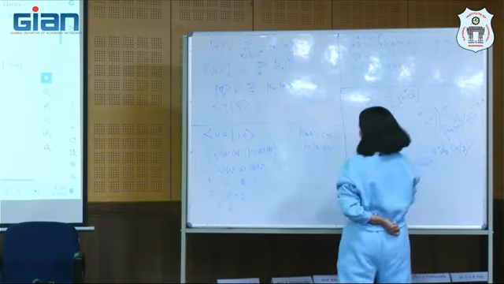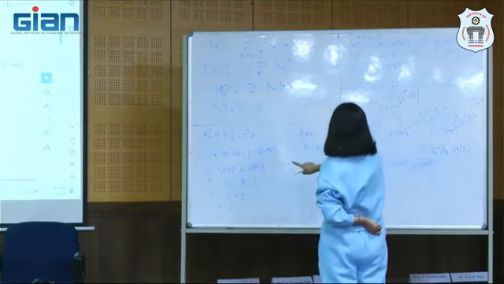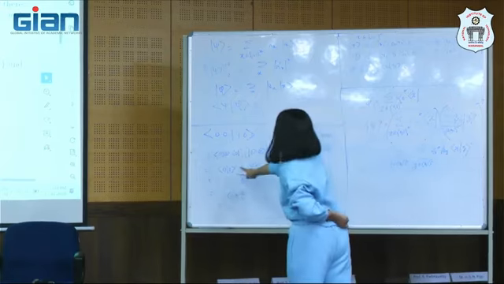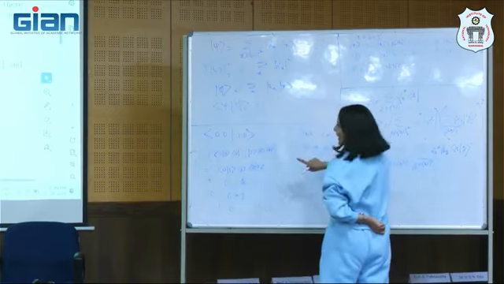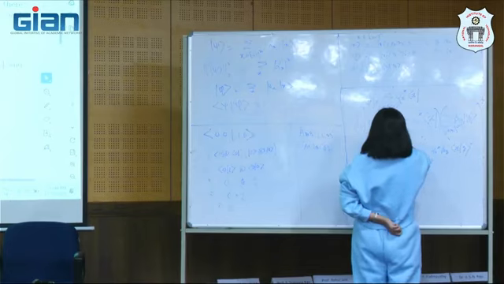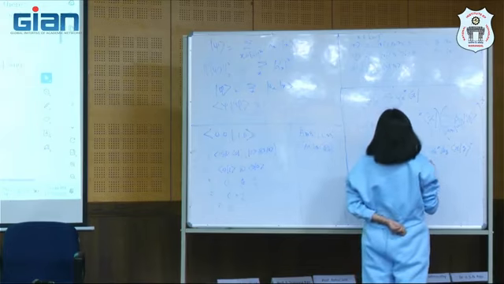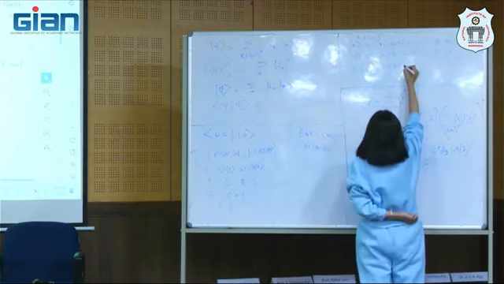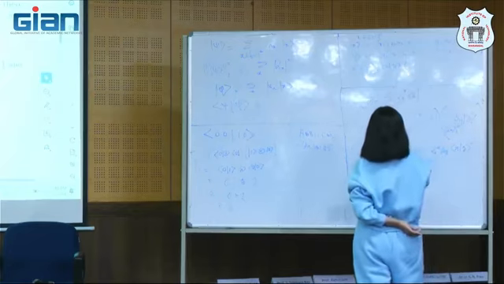Use this formula, the middle one, ABCD. Use that formula. You write bra x first. Don't jump the steps.